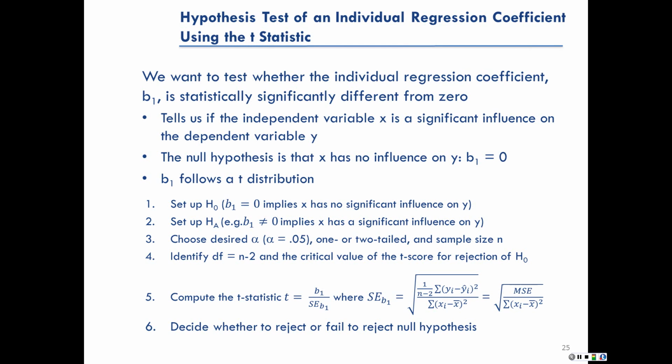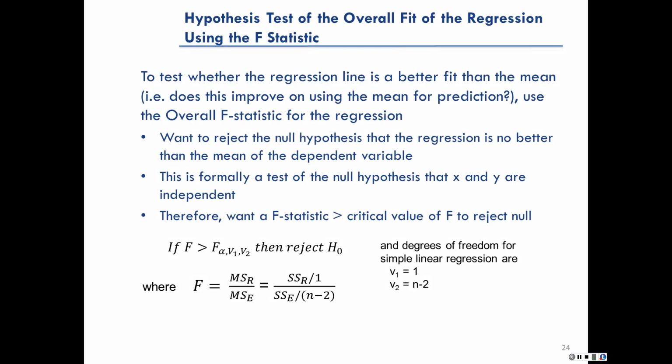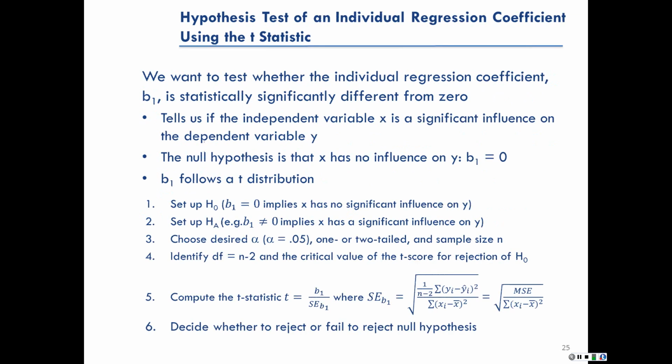The good news is the numerator inside that square root sign is the mean squared error, which on the previous slide you calculated. If you have the error sum of squares, SSE, you divide that by n minus 2, that gives you your mean squared error, and that's actually what's in the numerator there under the square root sign.